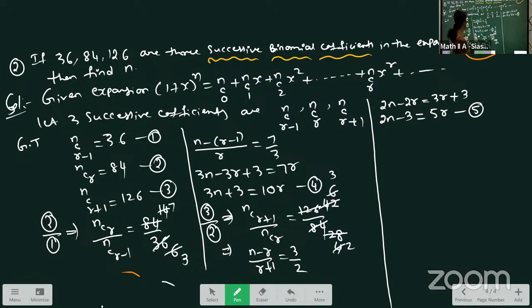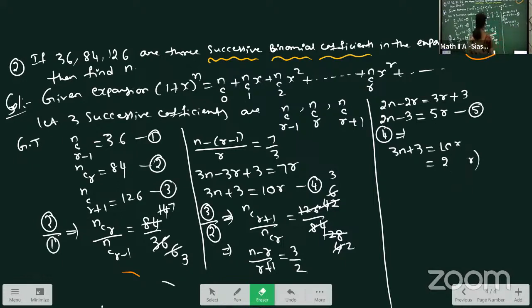Observe 4 and 5 to simplify further. From equation 4, we got 3n plus 3 is equal to 10r. This 10r, shall I write as 2 into 5r? From equation 5, we have the 5r value, so substitute that value. 2 into, what is 5r from equation 5? 2n minus 3.